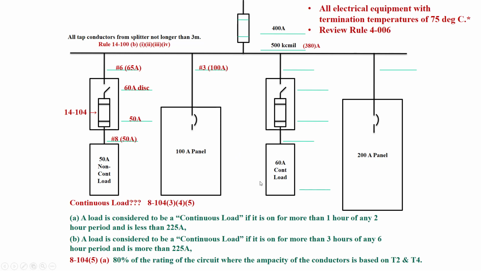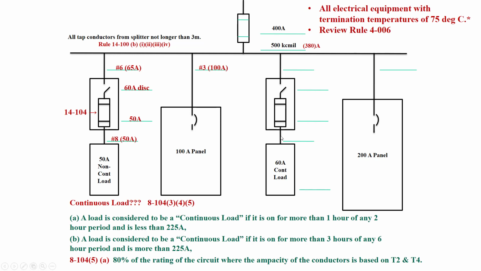Okay, next load here. We have a 60 amp continuous load. So we'd have to do a little bit of work with this first. What this tells you is that we cannot load this branch circuit any greater than 80%. So this conductor cannot be loaded up any more than 80%. If we did, it would heat up too much continuously at 60 amp.